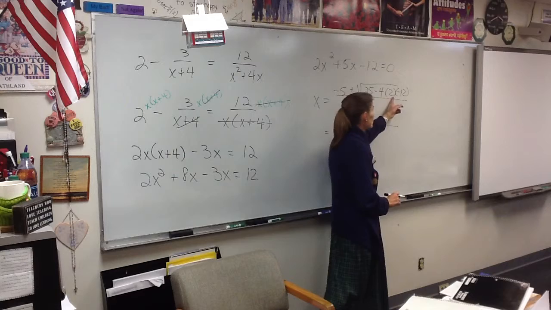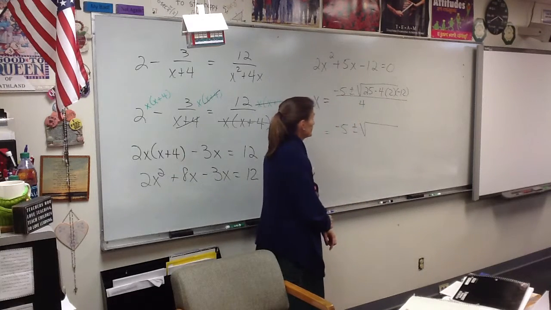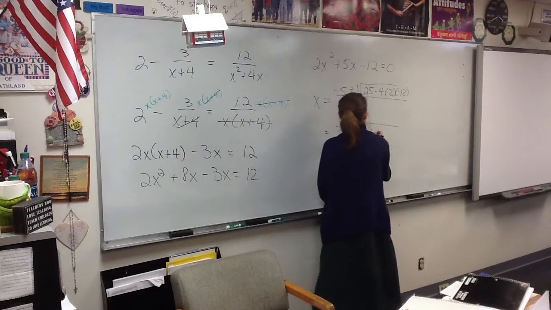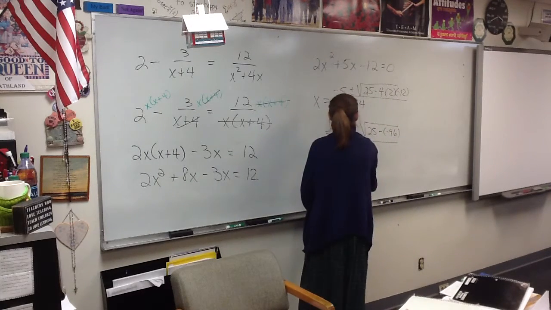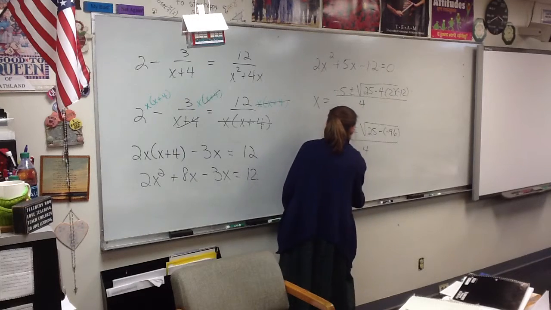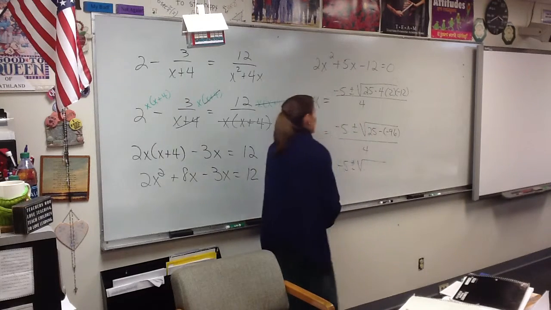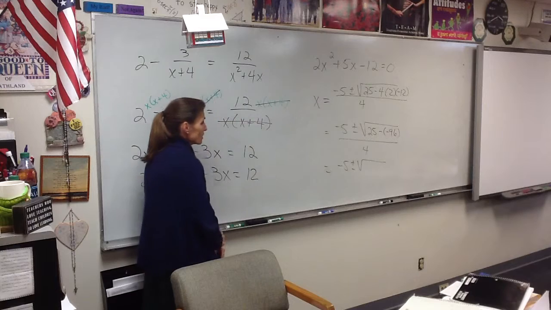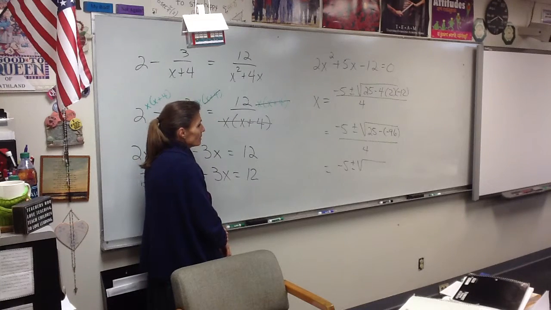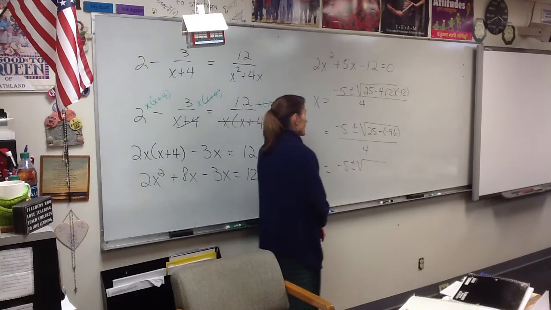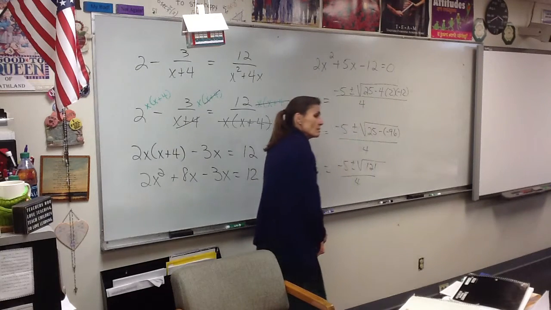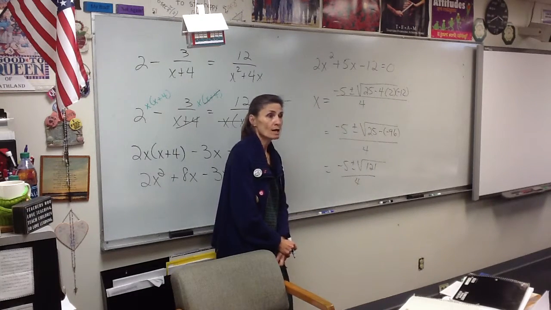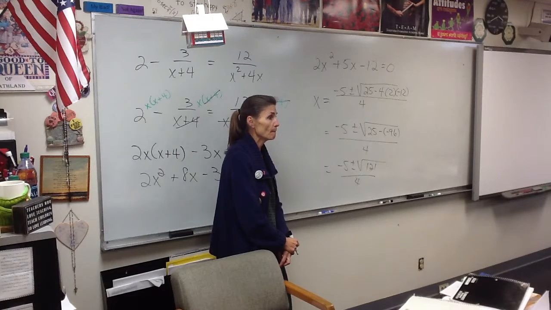What's 4 times 2 times 12? 96. So 25 minus negative would be 25 plus, which is 121. Why am I so excited about the square root of 121?